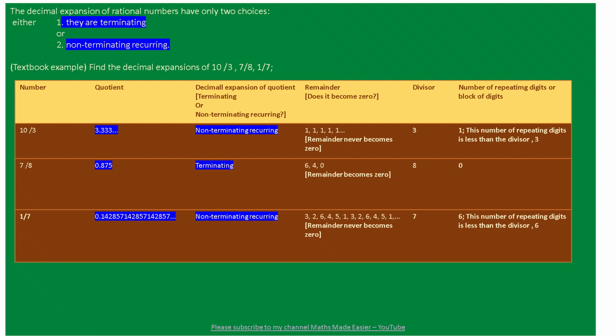Next division is 1 by 7. Here, if you look into the pattern of the quotient, it is non-terminating and recurring. There is a block of numbers which gets repeated one after the other. The remainder never becomes 0. In this particular case, the divisor is 7 and the number of recurring digits is 6, which is less than the divisor.